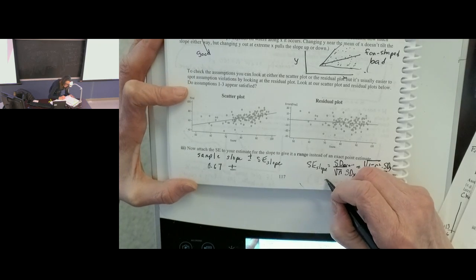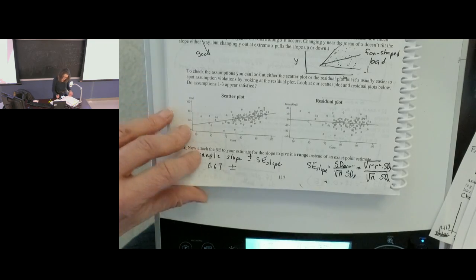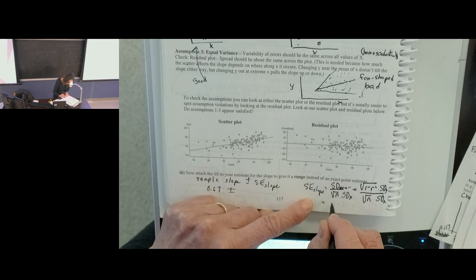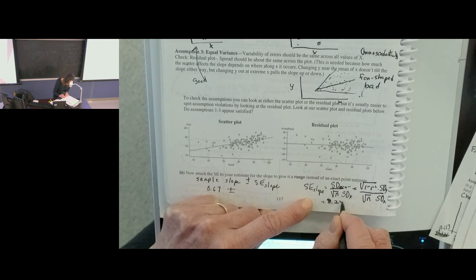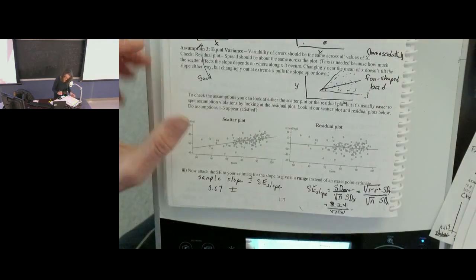And now let's calculate it. We did the standard deviation of the errors on the previous page. That was 8.24, over the square root of 100. And then we have to multiply it by what?